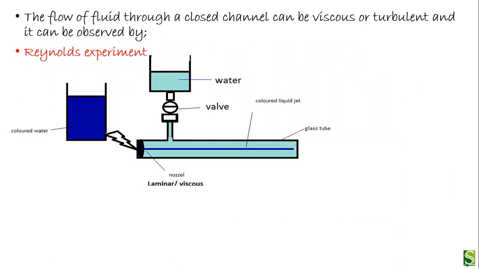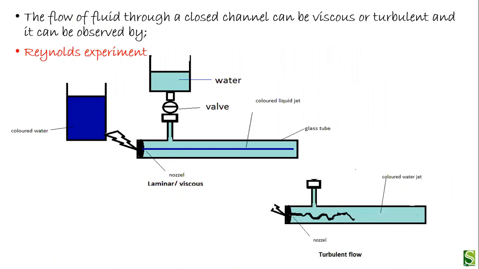Okay, Reynolds experiment tells us that when you take a tube and allow water to flow through it, and insert a colored water stream inside that tube, depending on the flow rate of the colored solution, you can observe two things. The first is, if the rate of flow is lowest, then the colored water will flow as a streamline flow.